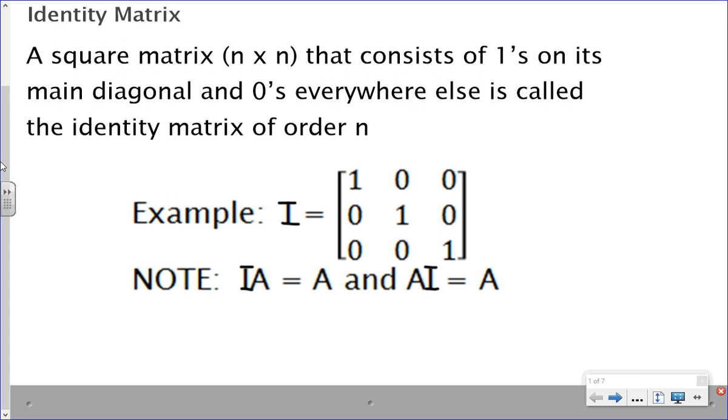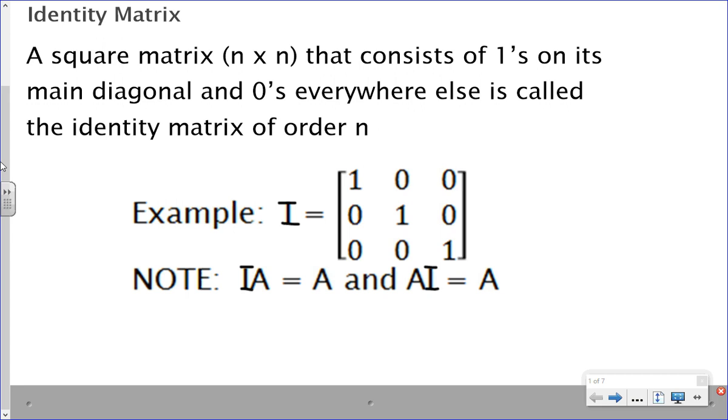My font just didn't do that. So the identity matrix: square matrix, diagonals of ones, zeros everywhere else. When we multiply the identity matrix, in whichever order, to a matrix, you should get the same matrix as a result. Okay, all right, so that's good for us to keep in the back of our brains.